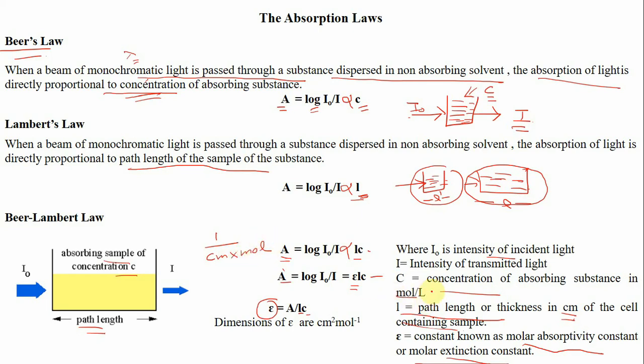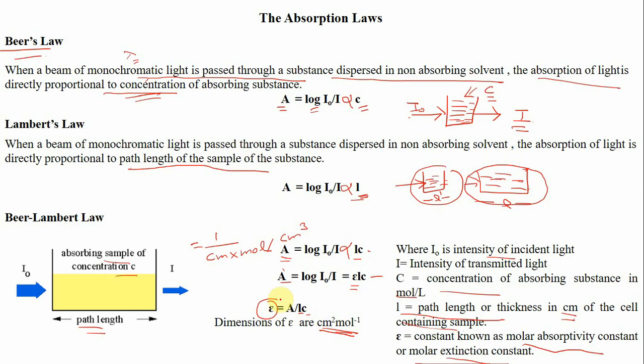Now, liter can be expressed in terms of centimeter cube, so it becomes per centimeter cube. This will cancel out and become centimeter square, and when you invert it, it becomes centimeter square per mole. So the unit of epsilon, the absorptive constant, is centimeter square per mole.